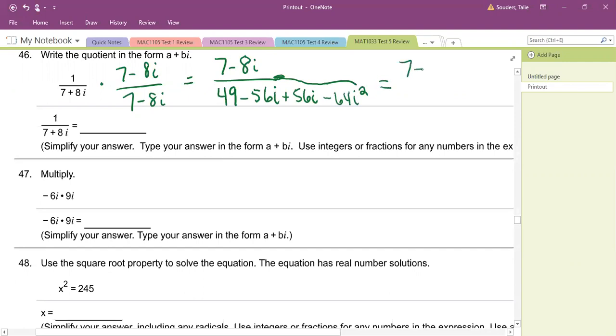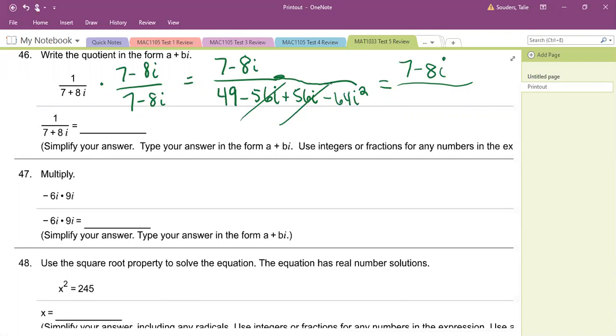So what can we do in the denominator? Well, you can combine, well, I guess cancel out the 56i. Since one is positive and one is negative, they cancel out. And this is good news because our goal, remember when you're rationalizing the denominator, is to get the radical out of the denominator.